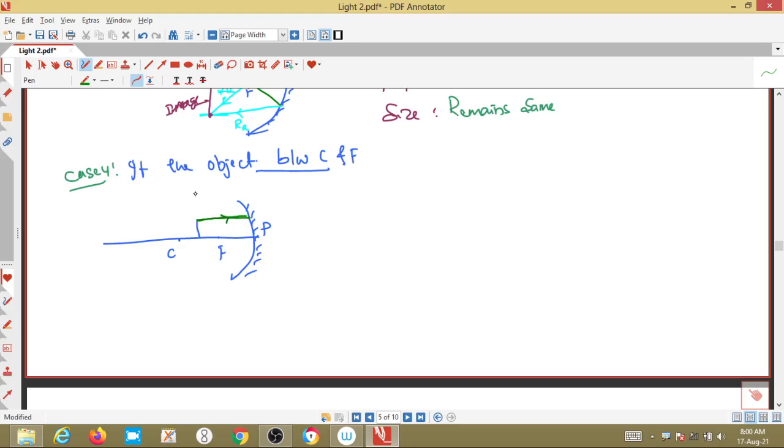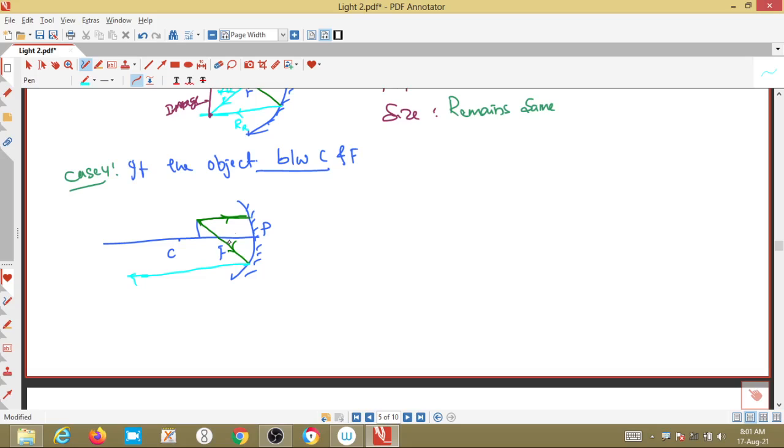I will take one more ray, which is passing through the principal focus. Okay. See, now observe how the reflected rays will form the image. Here the first ray, the ray passing through the principal focus, is reflecting here, right?